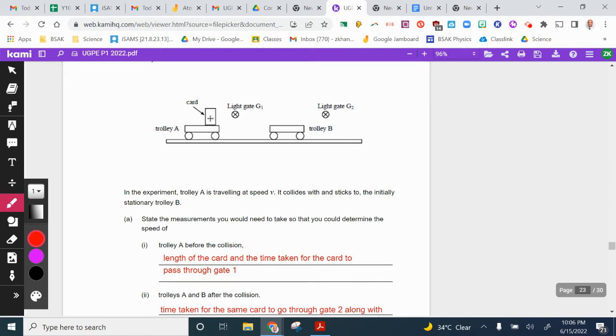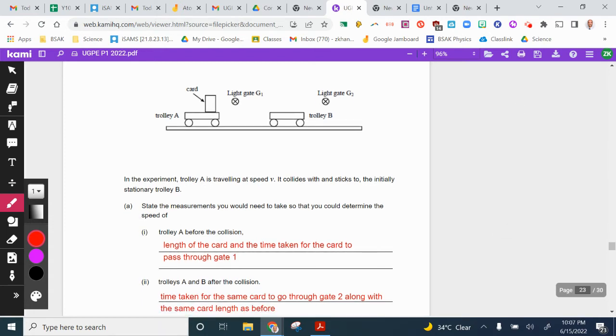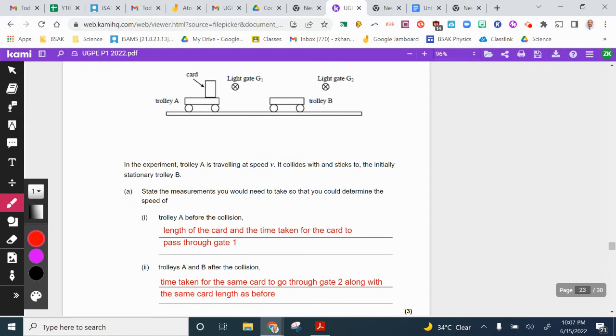So that card will eventually cut across light gate 2, and then you can repeat the same process again. You can find the time this card cut across light gate 2 once trolley A and B are stuck together, and that's what will allow us to work out the speed.